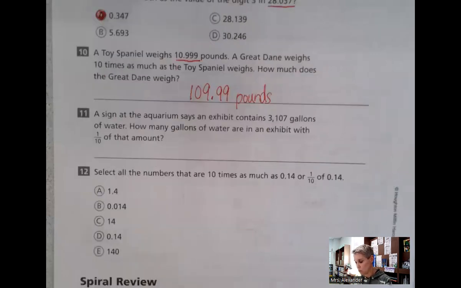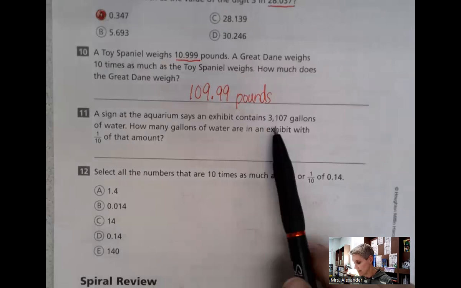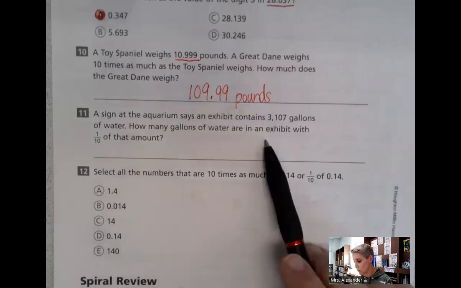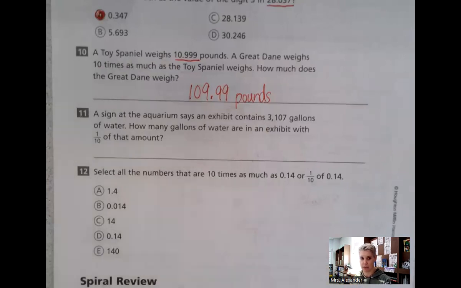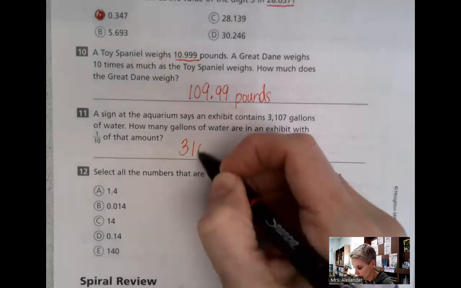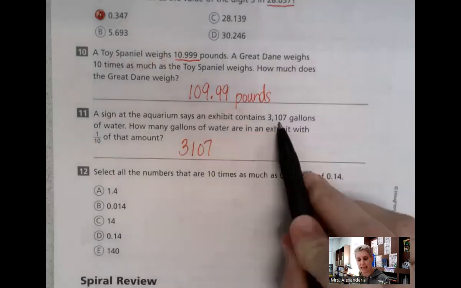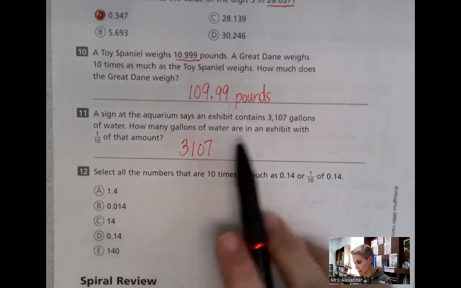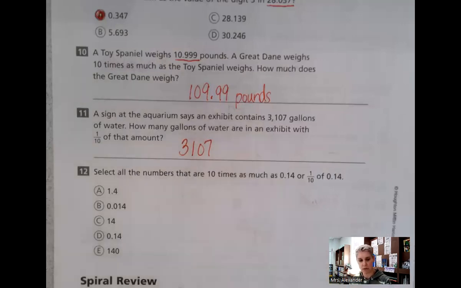A sign at the aquarium says an exhibit contains 3,107 gallons of water. How many gallons of water are in an exhibit with 1/10 of that amount? I want to write this number here. Where is the decimal in that number? I took out the comma. Where is the decimal?